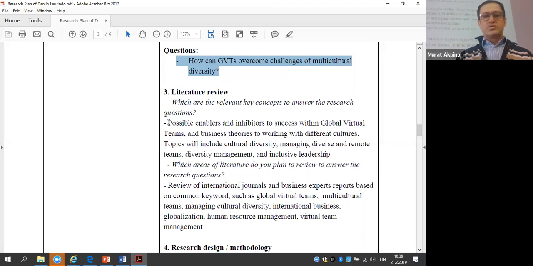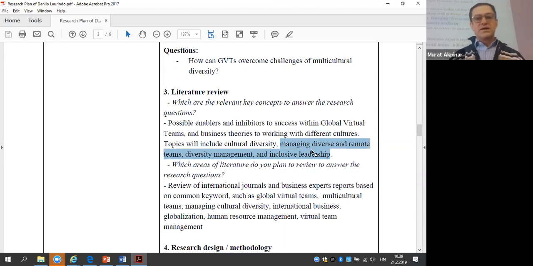He has included possible enablers and inhibitors to success within global virtual teams, business theories, working with different cultures. So topics will include cultural diversity, managing diverse and remote teams, diversity management, inclusive leadership. Okay, these are preliminary ideas.